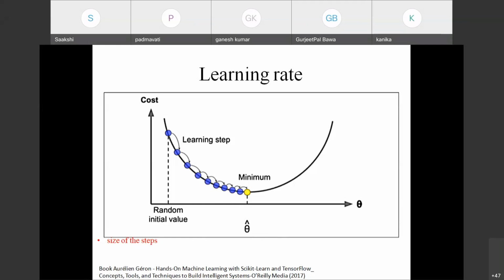The only difference between the loss function and the cost function is that the loss function I compute for every sample, whereas for the cost function, I take the average of that loss function. So cost function is nothing but the average of the loss function.